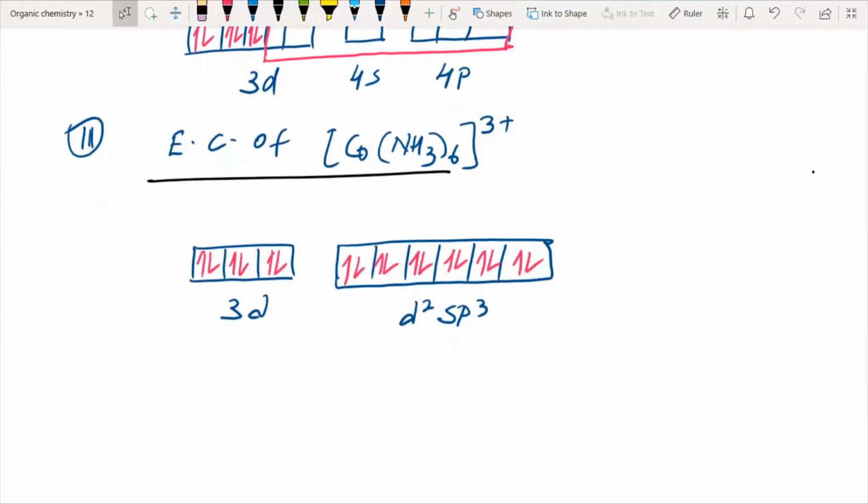These electrons are donated by the amine ligands. So we can write here 6 pairs of electrons from 6 NH3 molecules.